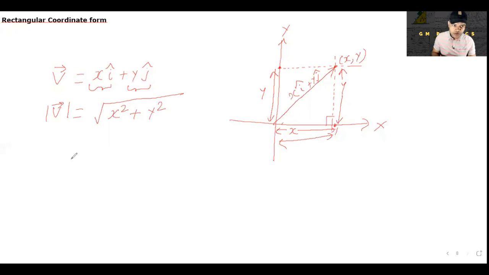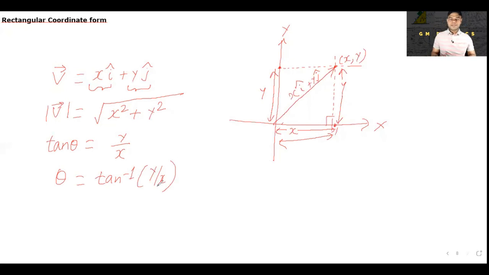This becomes the magnitude. What about the direction? So tan theta is equal to p by b. So that is y by x, right? So here theta is tan inverse y by x.